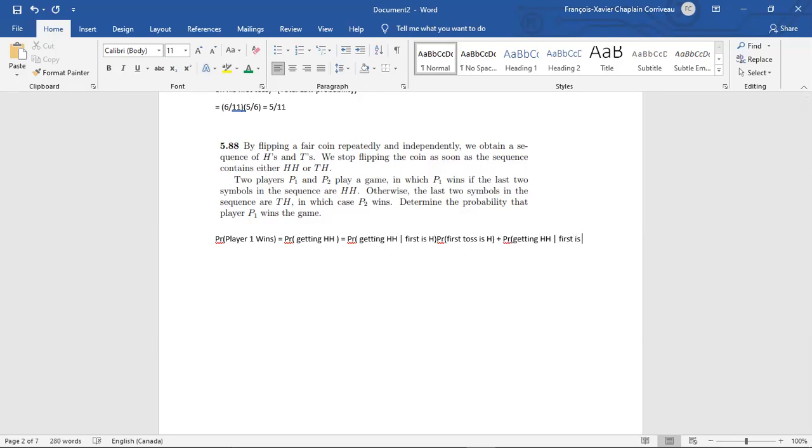Here you don't even need to do it this way, but I'm just making it formal. I think you can just write it in English. So again, what did I use here? This has a name. It's called the law of total probability.